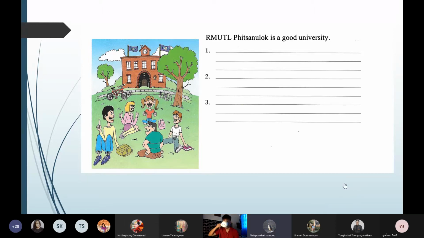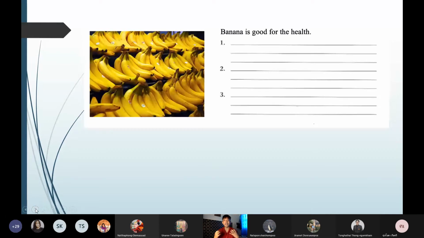Sorry again, teacher, can you repeat again? Should I go to the next one or somebody will explain, or what should I be doing now? You should go to the next slide. So the next slide. So let's move on to the next slide. Now I'm using transition signal. Let's move on to the next slide.